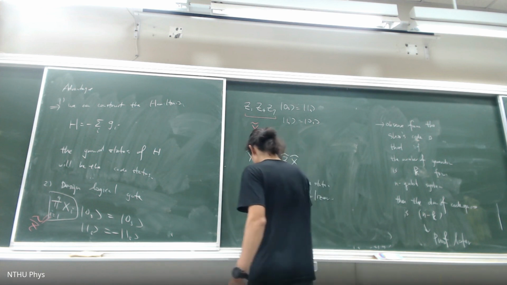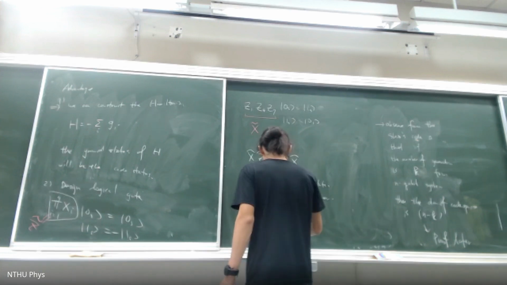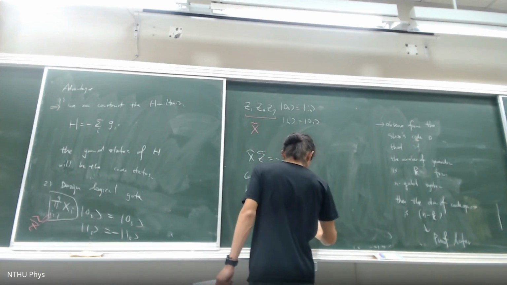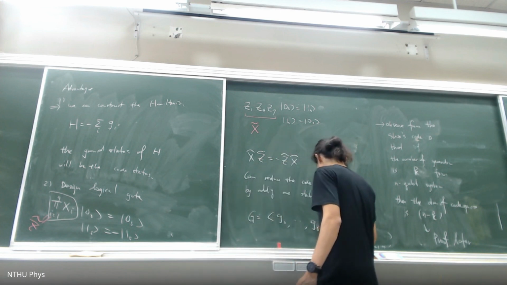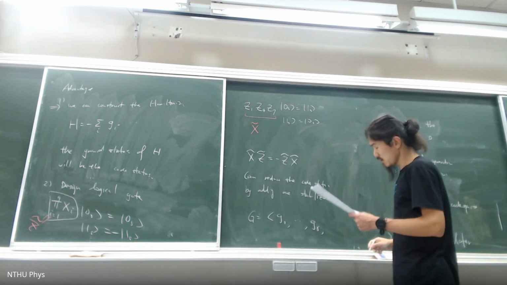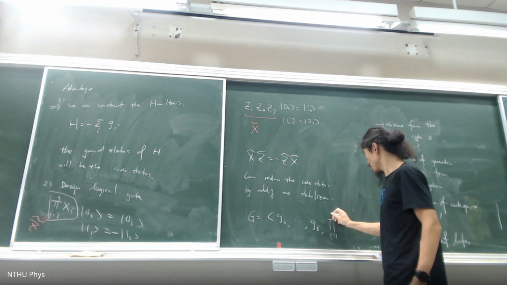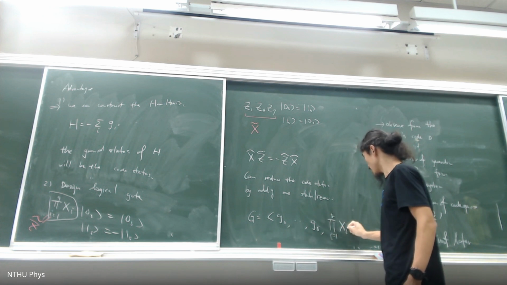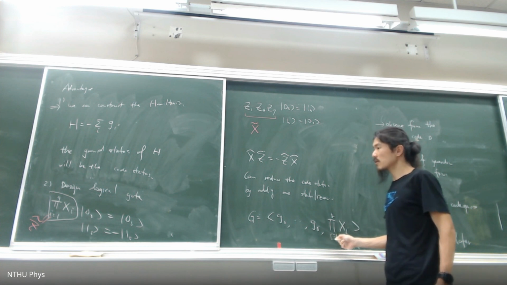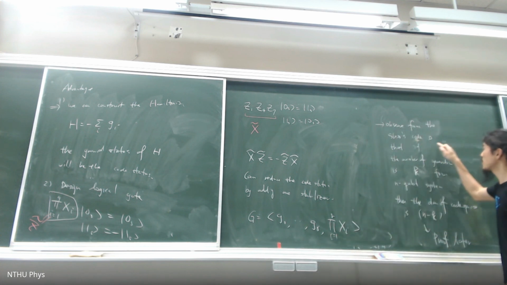So for example, the original generators are G1 to G8. Let me add one more, which is the product of this Xi. Right, so now I have 9 generators based on this formula. The dimension.